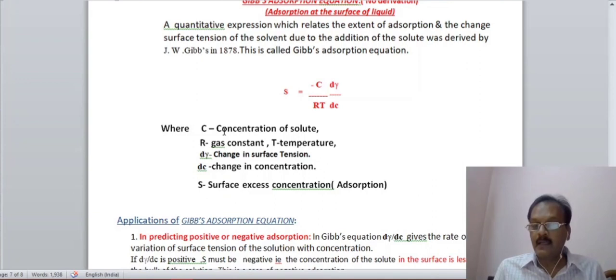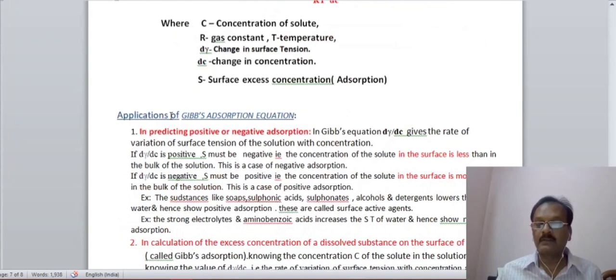So this equation can be used to predict some concepts. Therefore, let's go to the applications of the Gibbs adsorption equation. The first is to predict positive or negative adsorption. In the Gibbs equation, d gamma upon dc gives the rate of variation of the surface tension of the solution with the concentration.